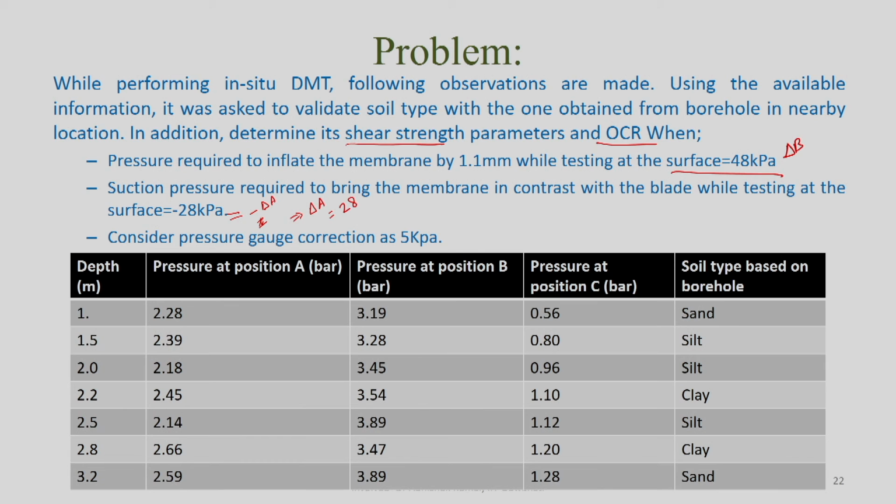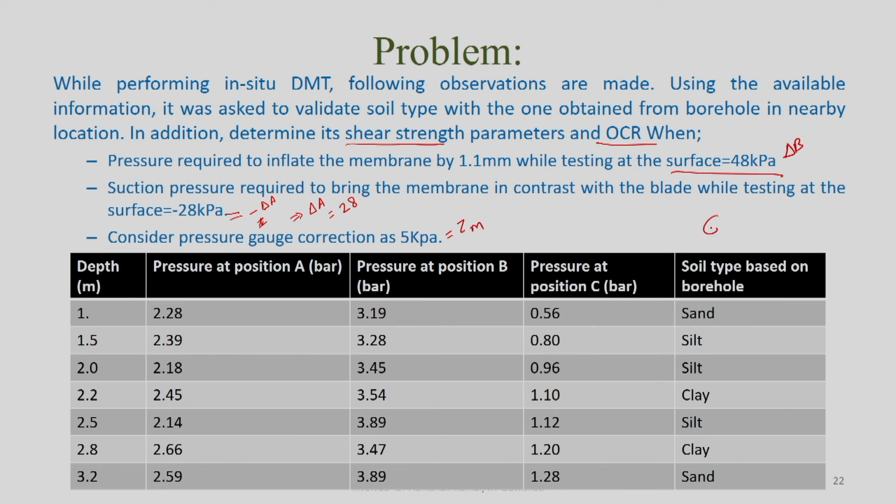Then consider the pressure gauge correction as 5 kPa. So this is the value of Zm. Then the pressure required at different depths, you can see, to bring the membrane to position A, position B and position C, particularly when you are doing the test at different depths under the groundwater table.